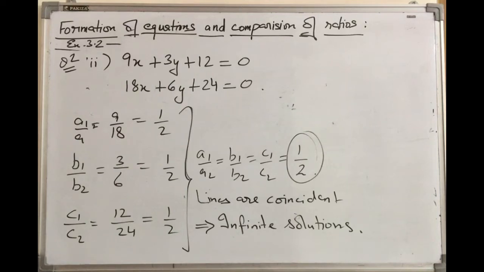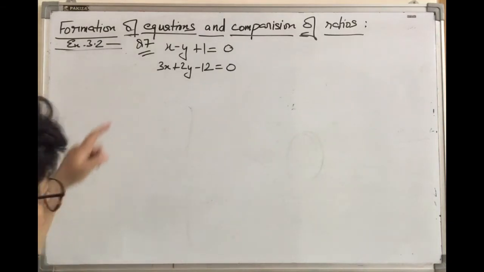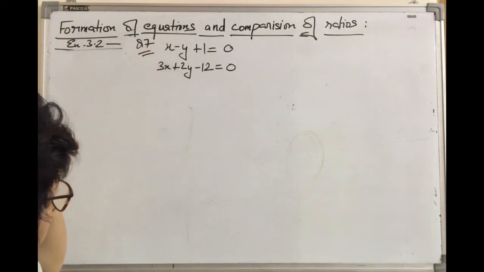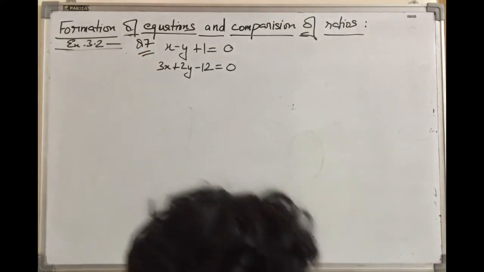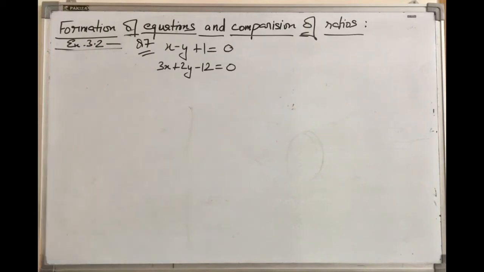Now I'm going to take one example where I'm going to explain the graph as well, how to plot the graph. For this I'm taking question number 7 of exercise 3.2. A pair of equations is given: x minus y plus 1 equal to 0 and 3x plus 2y minus 12 equal to 0.